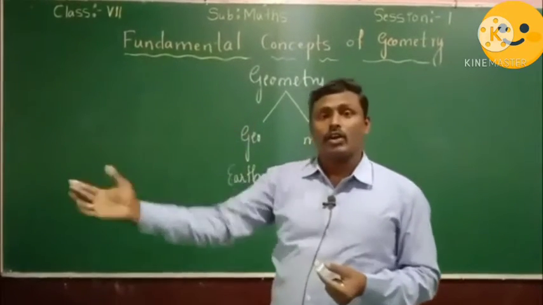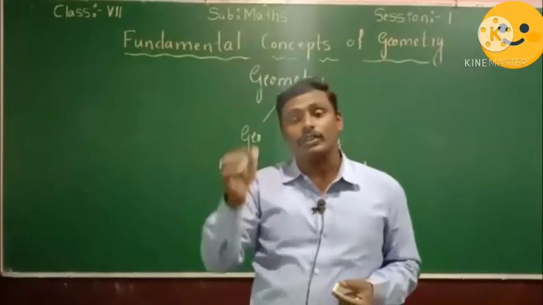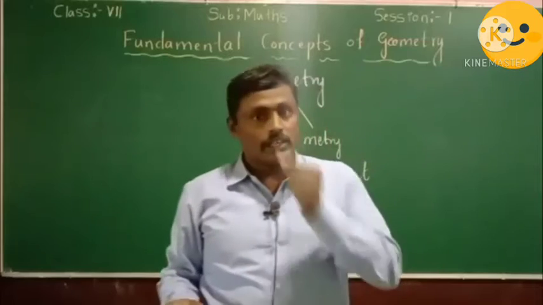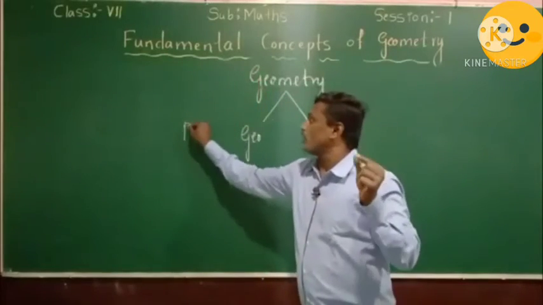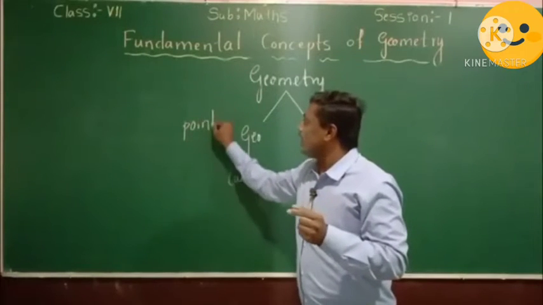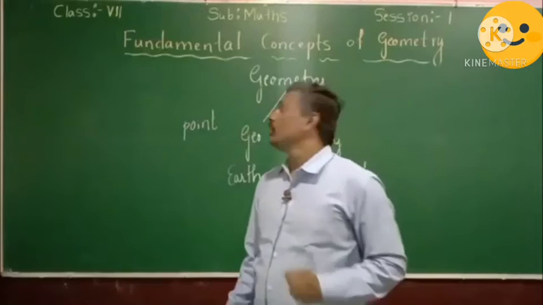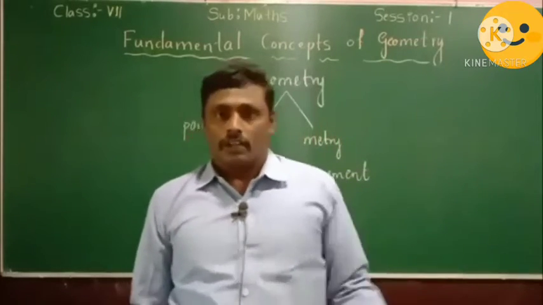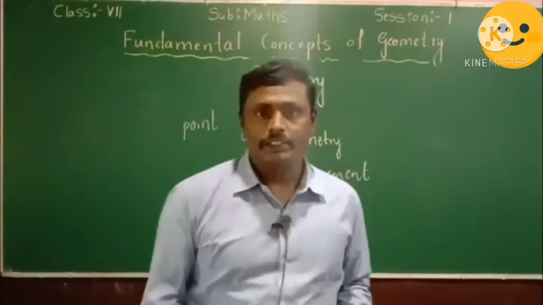In non-living things, the atom is the smallest particle; without atoms we cannot make any non-living things. Point is a basic and fundamental unit of geometry. Next, line segment, line, ray, 2D shapes and 3D shapes.